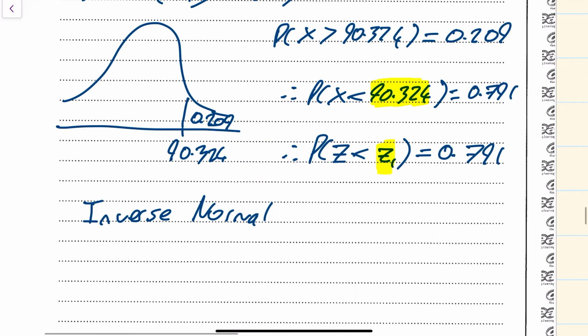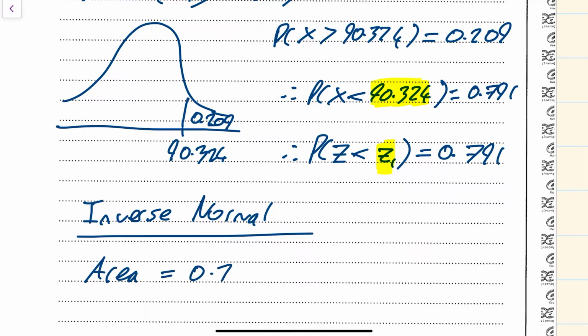You could also go to your tables. I'll maybe do another video at another stage, but I really advise using the ClassWiz calculators to do this. The area you put in is 0.791, and if it's normal tables, Z is distributed with a mean of 0 and a sigma of 1.